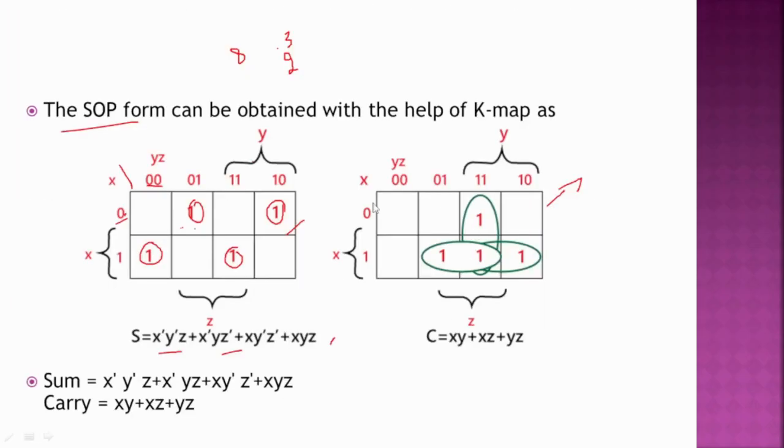So when x equal to 0, y equal to 1 and z equal to 1, you will get a 1 value. Then do these two groups, this one grouping and a group in vertical position. Write out the equation as per your K-map. We will get xy plus xz plus yz.